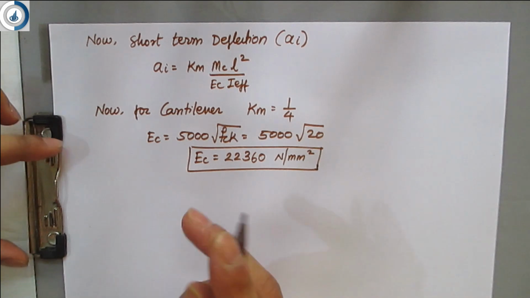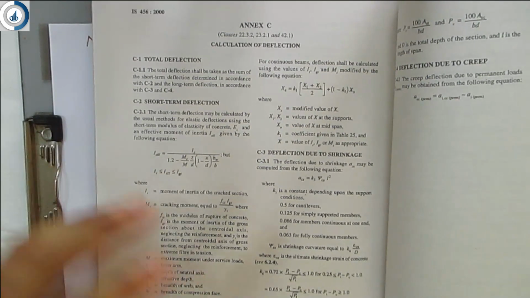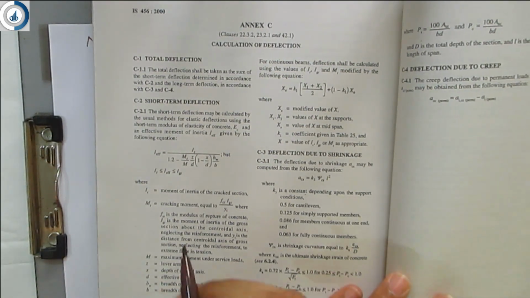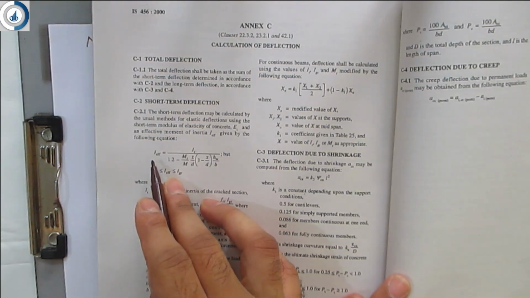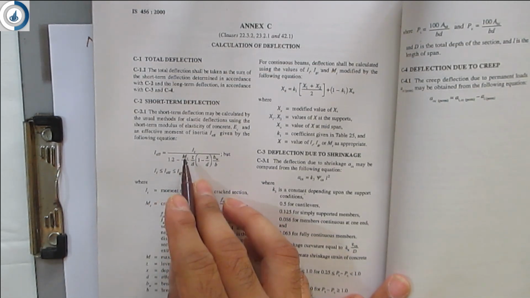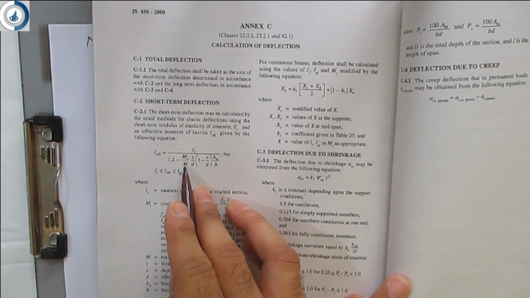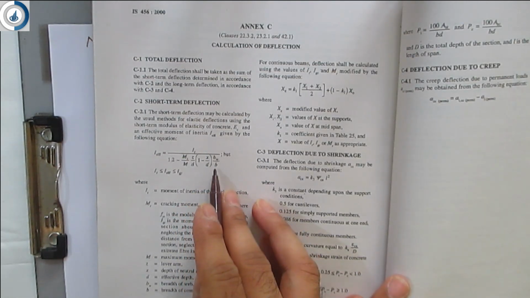Then I'll show you the formula to find out Ieff, which is there on page number 88 of IS 456 2000. So here the formula is given. Effective moment of inertia is given as Ir divided by 1.2 minus Mr by M, times z by d, times 1 minus x by d, times bw by b.